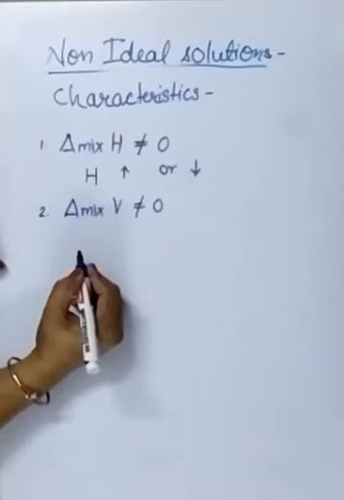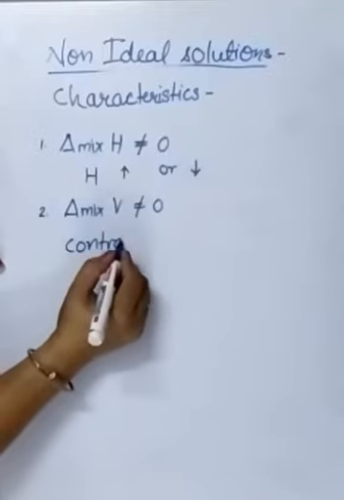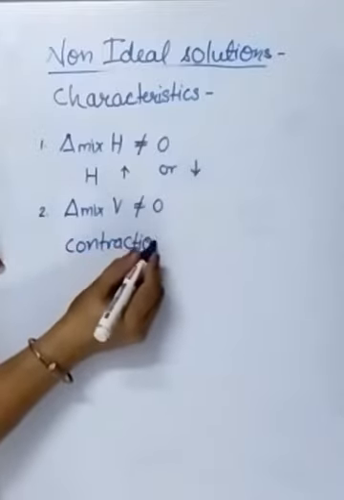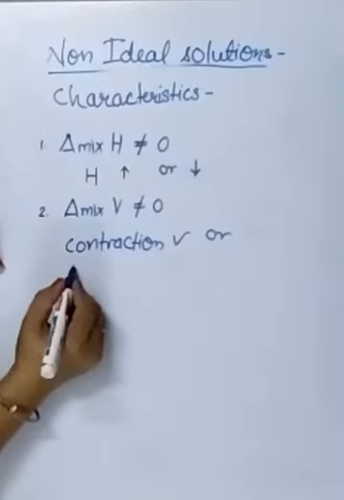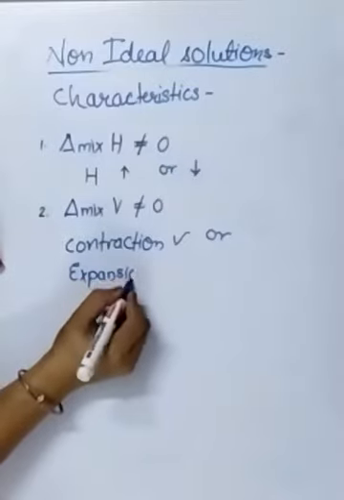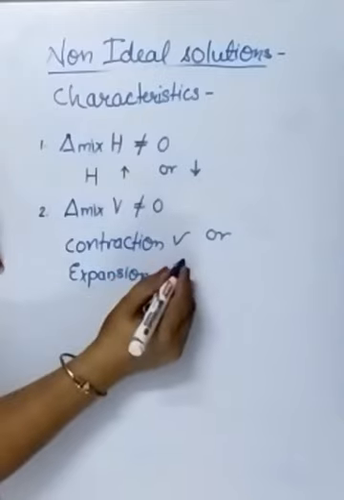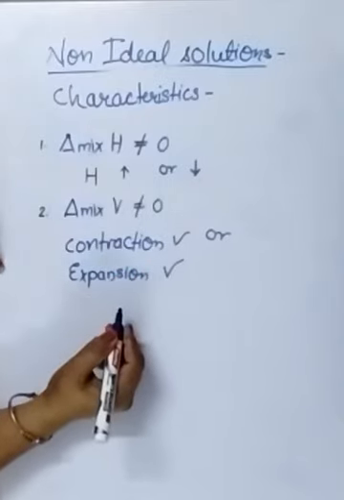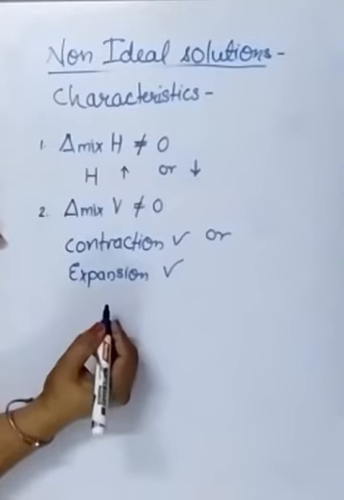That means either contraction of the liquid has taken place, or expansion of the liquid has taken place. Either of the two conditions can occur. So the volume changes after mixing the two components.